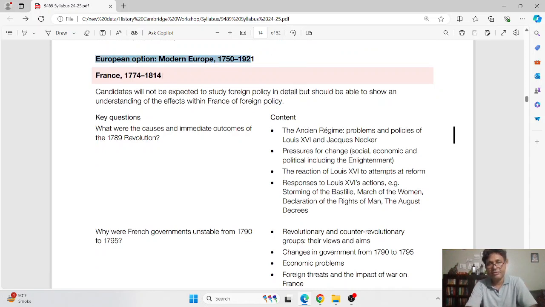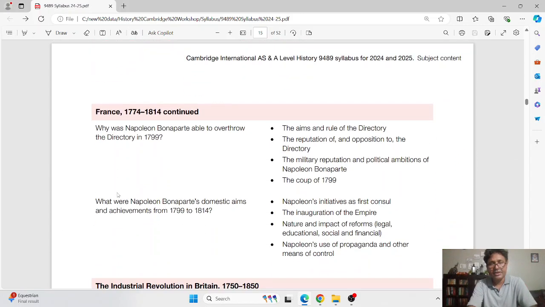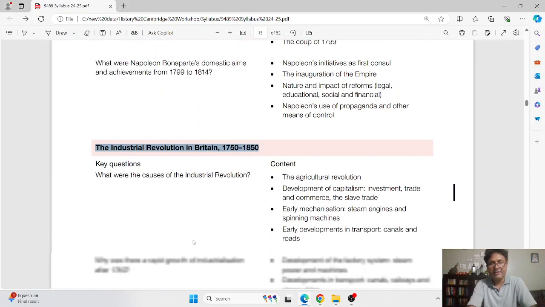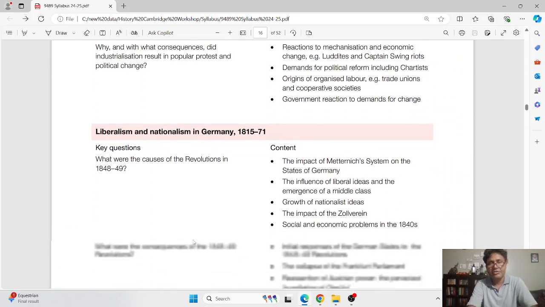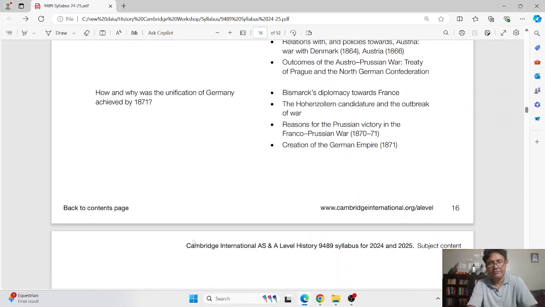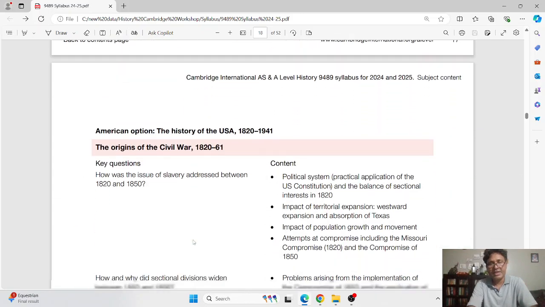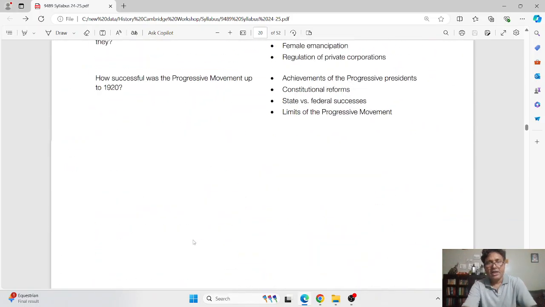Under this option we have a subtopic, and under this subtopic we have 4 key questions: 1, 2, this is 3 and 4. Then we have the next topic, and under this topic we have again 4 key questions, as you can see, and so on. For each option we have the topics, and under each topic we have 4 key questions, as you can see.